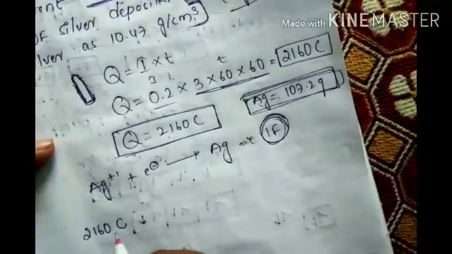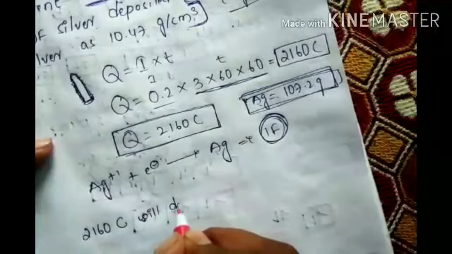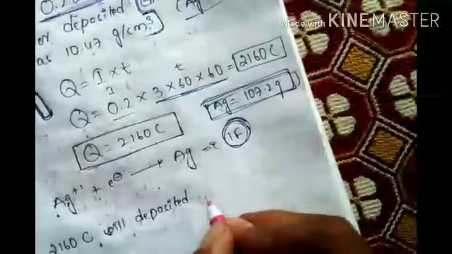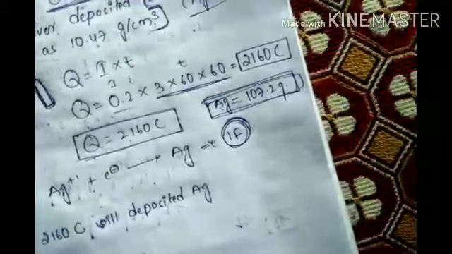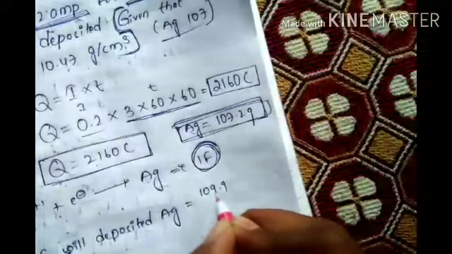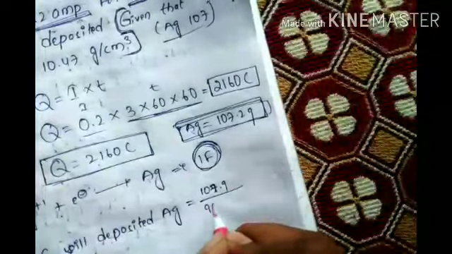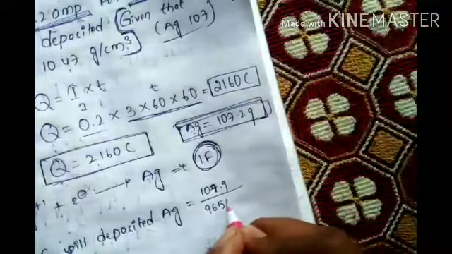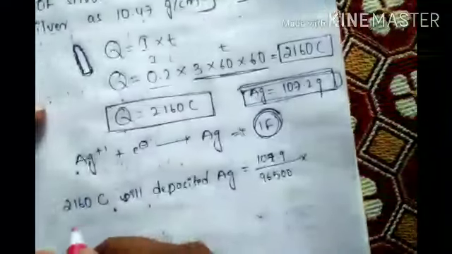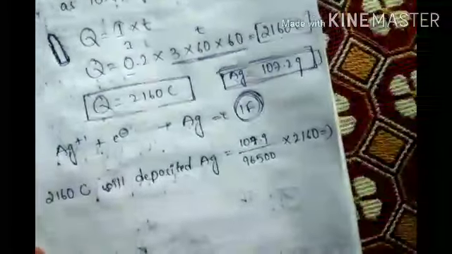Now 2160 coulombs will deposit Ag: molecular weight by 96500 coulombs, 1F means 1 only, into 2160 coulombs.